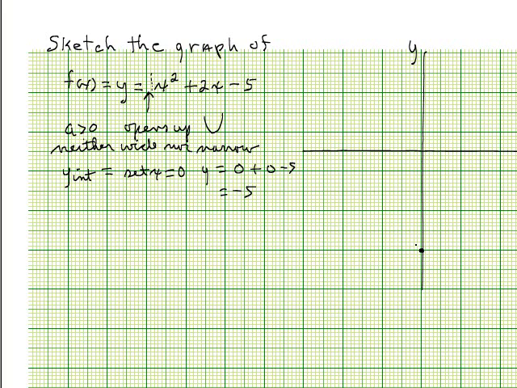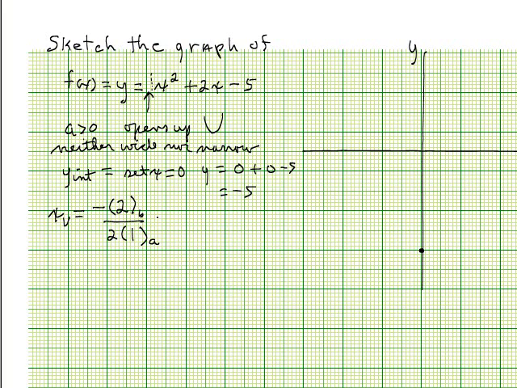The next thing I'd like to know is my vertex, so I start off with x vertex, and the x of my vertex is going to be given by negative b over 2a. In my quadratic function, my parabola, a is 1 and b is 2.